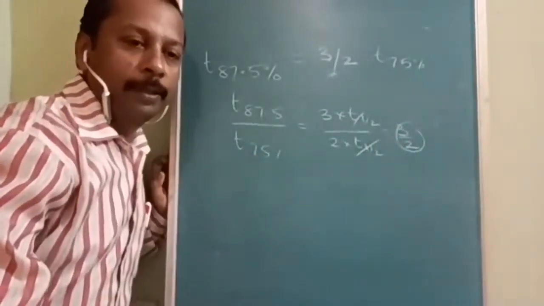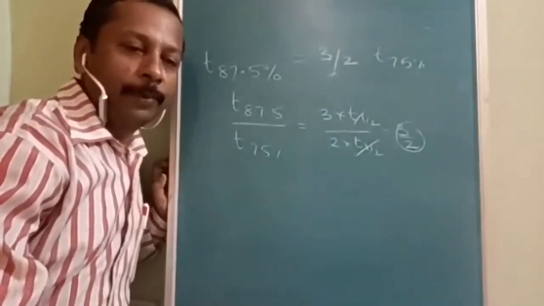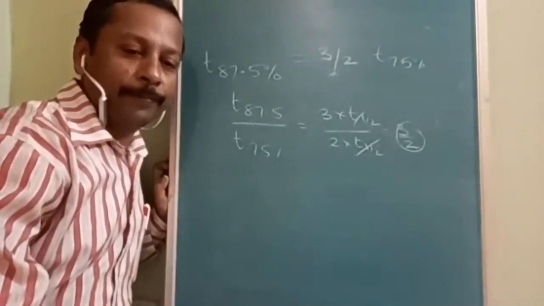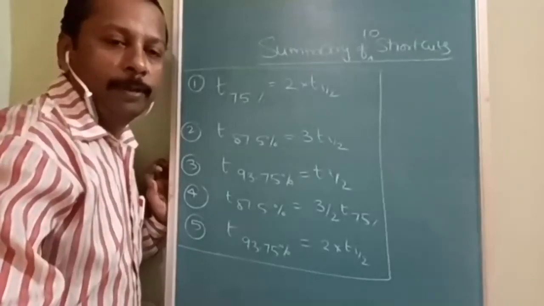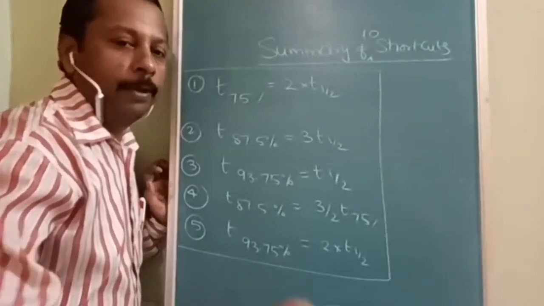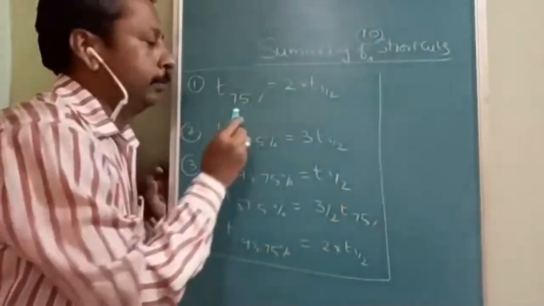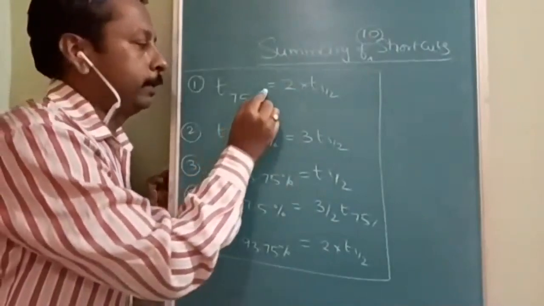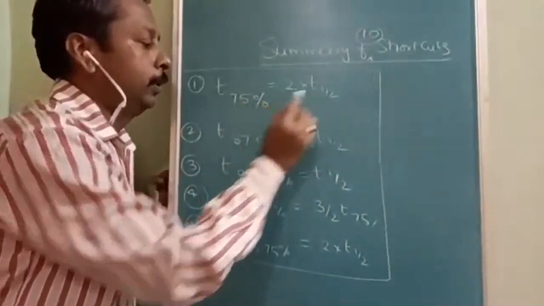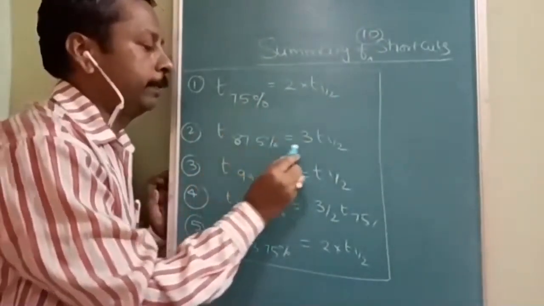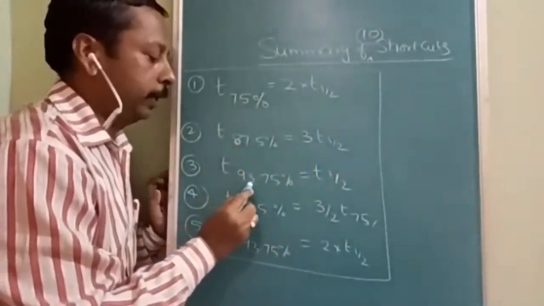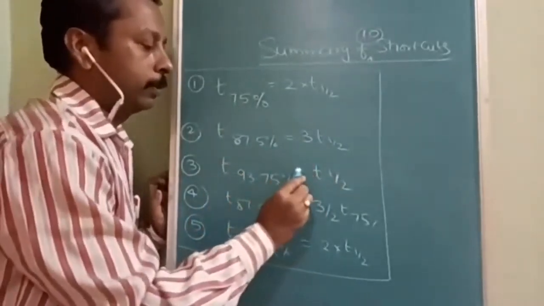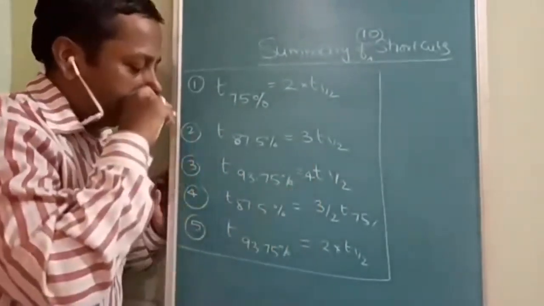So many derivations we have done, and I will give you some shortcuts to complete it. Okay. At the end of it, I am going to give you a summary of 10 shortcuts. Summary of how many shortcuts? 10 shortcuts. So these are the first 5 shortcuts. First is T75% is equal to 2 into T half, T87.5% is 3 into T half, T93.75% is equal to 4 times T half, okay?